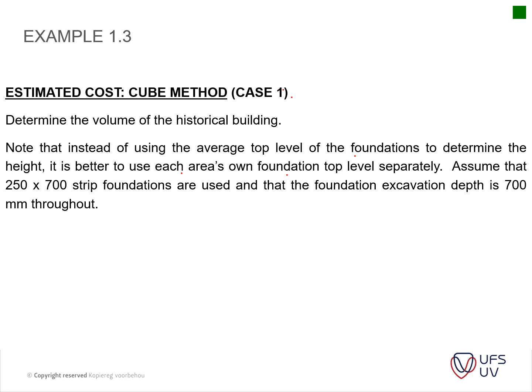Assume that 200 by 700 strip foundations are used, and that the foundation excavations are 700 millimeters deep throughout. If you go through your examples, all that this is basically saying is that whenever you use your cube method, it's better to calculate the different areas or volumes separately. It will be explained now.